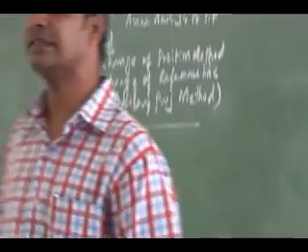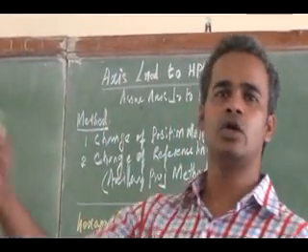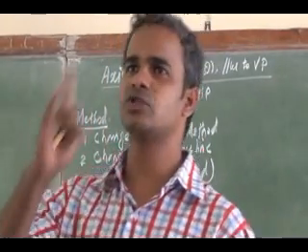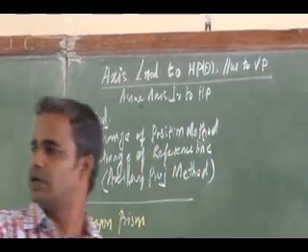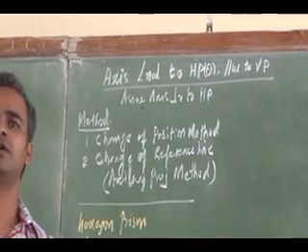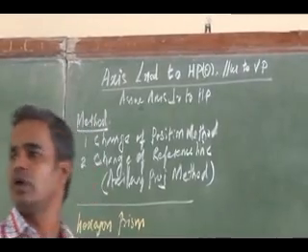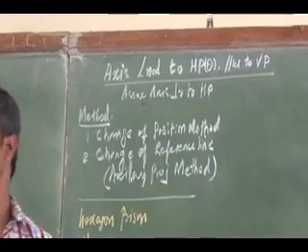Axis inclined 30 degree to HP and parallel to VP. You see, the axis is only inclined to HP and it is parallel to VP. It is not inclined to both. You don't have in your syllabus inclination to both planes. You have only inclination to one plane, either HP or VP.